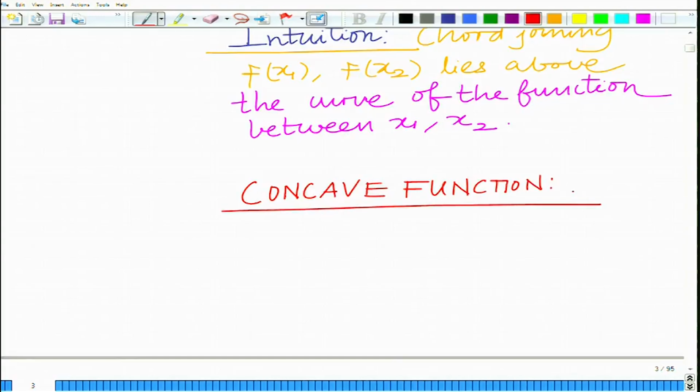Now, for a concave function, again it is important to remember that if you look at a function f of x bar, the domain has to still be convex, either concave or convex.